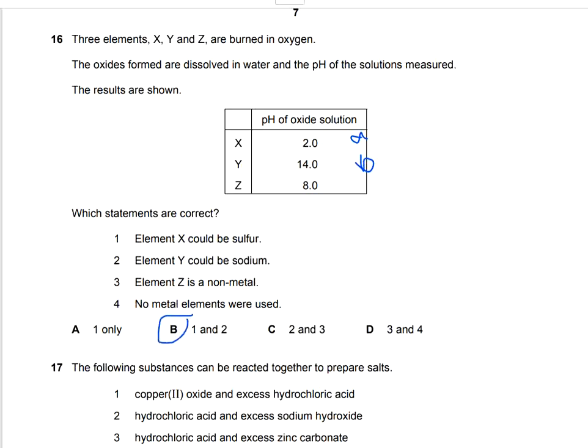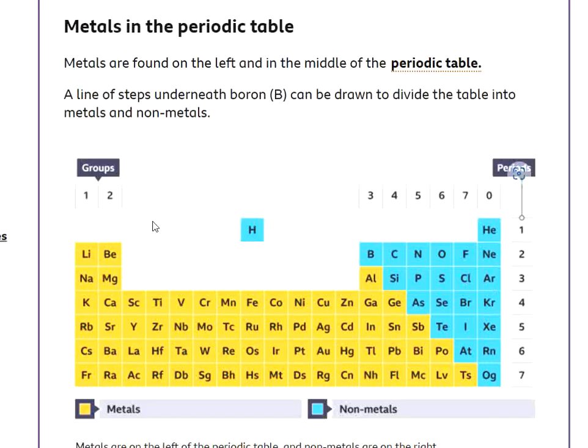Let's see why. We have this periodic table. You will see here that elements that are burned with oxygen become acidic if they are non-metals. Example of that, we have sulfur. That's why it has an acidic reaction to pH.